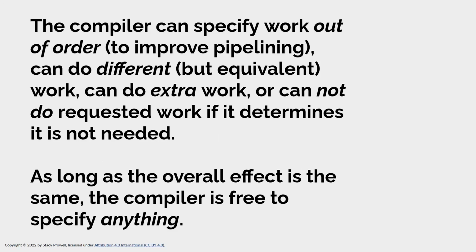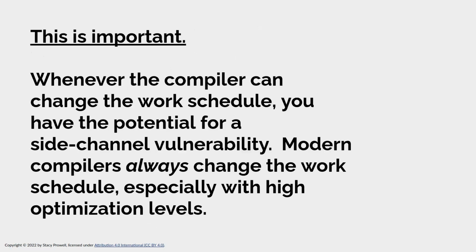The compiler can specify work out of order, and it does. It can do different but equivalent work, and it does. It can do extra work, and trust me, they do. And it can skip requested work. As long as the overall effect is the same, it's free to specify anything. And just like when we were talking about the processor, whenever the compiler can change the work schedule, you have the potential for a side channel vulnerability.